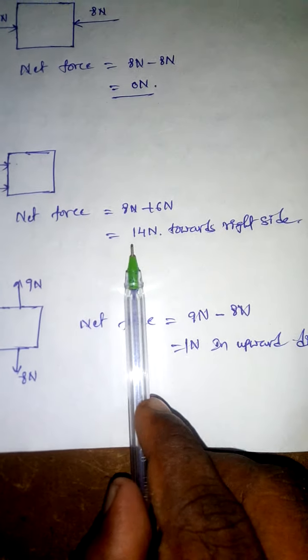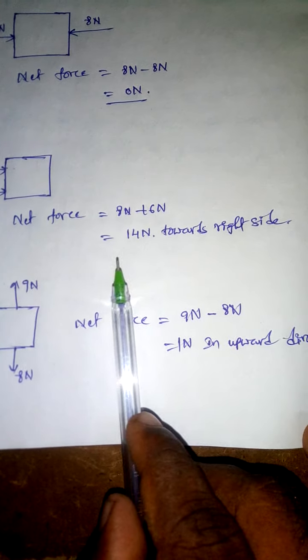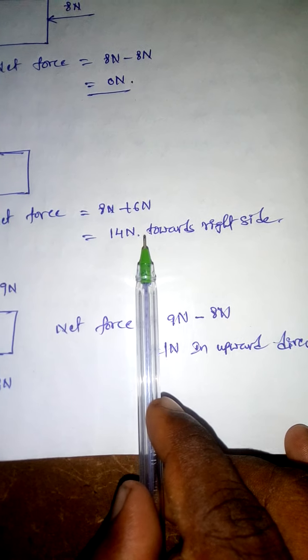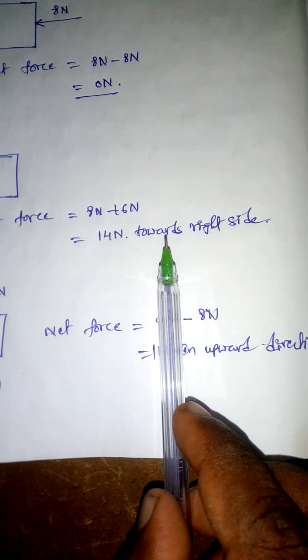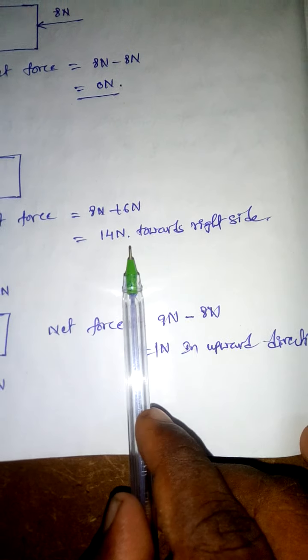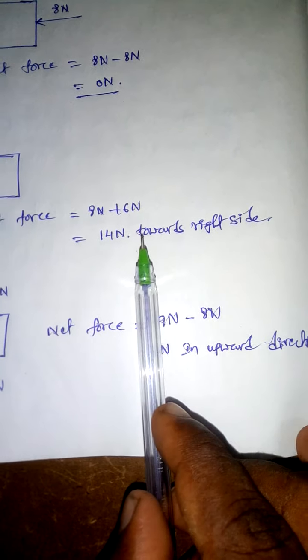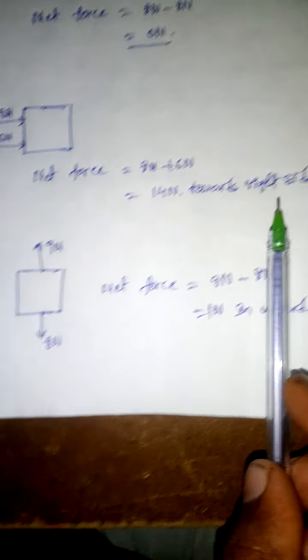That's why we have to mention the direction of net force also here, that is 14 newtons towards right, and that means this block moves towards right side.